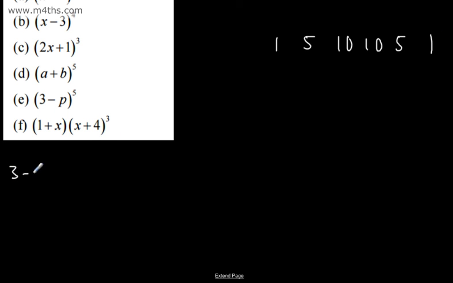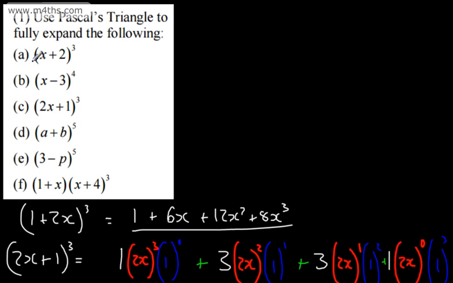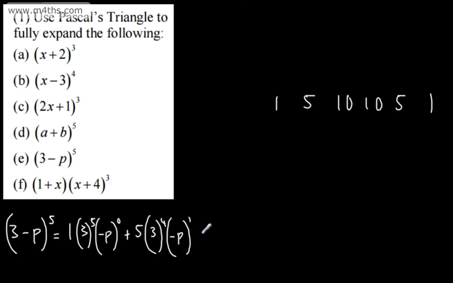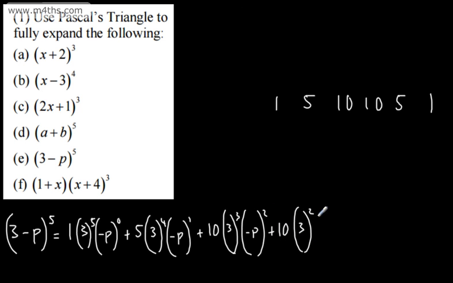We're going to have 3 minus p to the power of 5. So I'm going to write this out differently in terms of the way I've done it with the different colours, so you can decide how you want to do it. So what we're going to have then is 1, then we'll have 3 to the power of 5, then we'll have negative p to the power of 0, plus 5, we'll have 3 to the power of 4, we will have negative p to the power of 1, plus 10, we'll have 3 to the power of 3, we'll have negative p to the power of 2, plus 10, we'll have 3 to the power of 2, we will have now negative p to the power of 3.